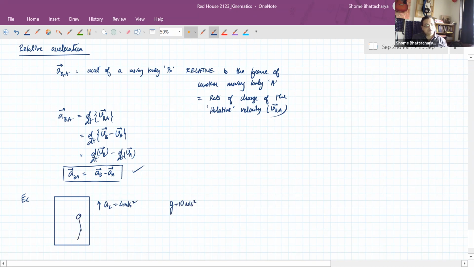Now, if we are observing an object inside the elevator in free fall, okay.